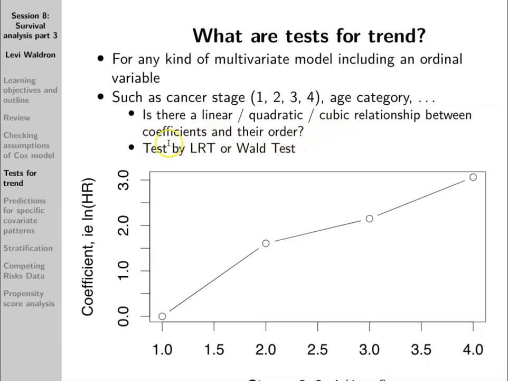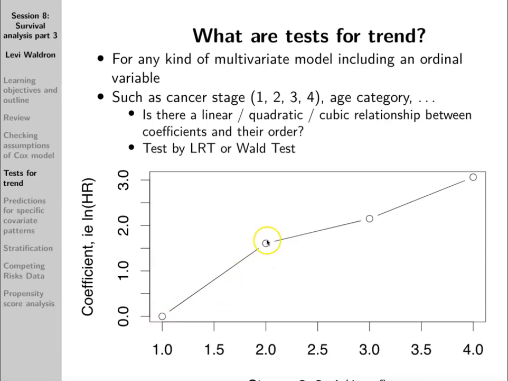And then we test these polynomial terms, again, either using likelihood ratio tests to compare a full complex model to a base model, or Wald tests for individual coefficients. So looking here at this PBC data set, again, these are stage data and the coefficients for them, and we see what does look like a trend.